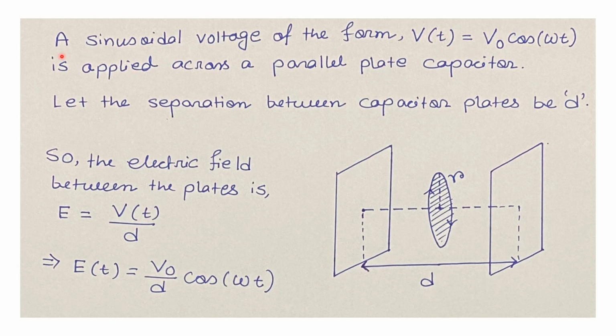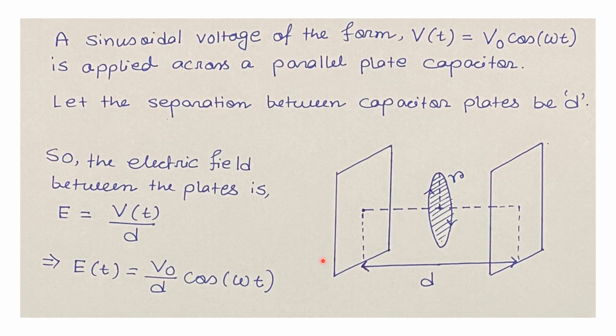It is given that a sinusoidal voltage of the form V(t) = V0 cos(omega t) is applied across a parallel plate capacitor. Let the separation between capacitor plates be small d.